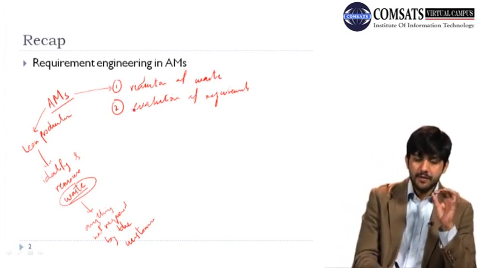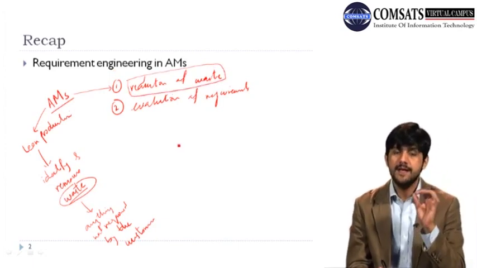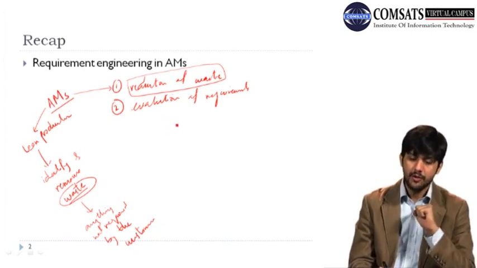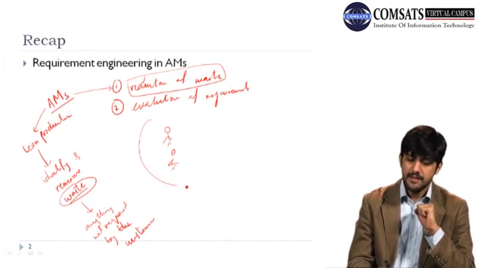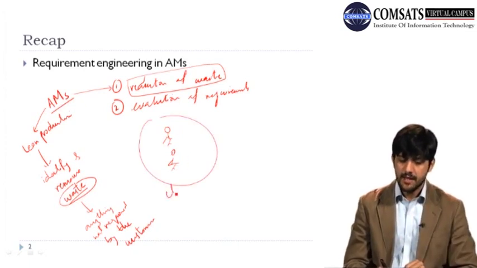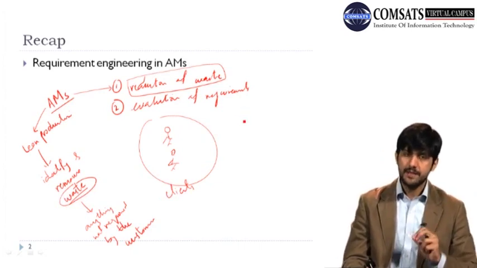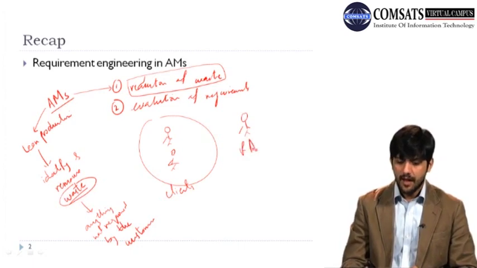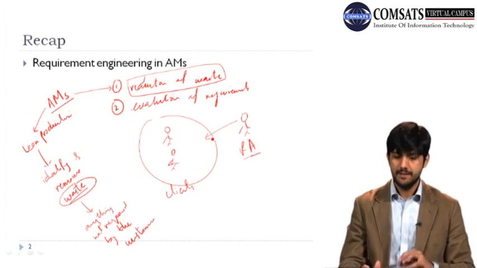And secondly, Agile methodologies believe that waste is generated as a result of the requirement engineering practices. Because in a traditional model, let's say this is our set of clients. This circle represents the stakeholders or the clients from whom we have to elicit requirements. What happens in a traditional model is that you have a requirement analyst, and this requirement analyst is going to talk to these stakeholders to gather requirements.